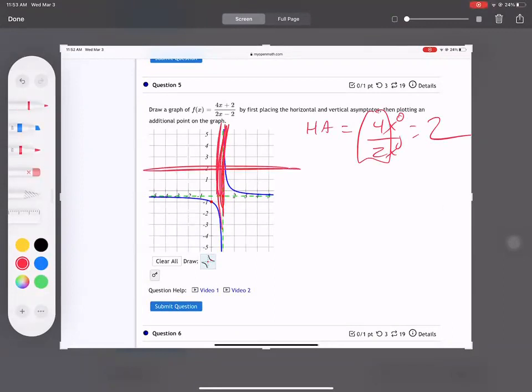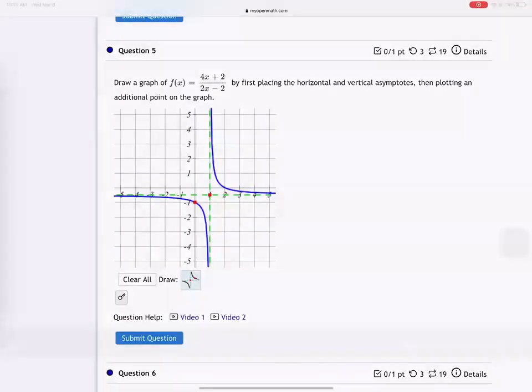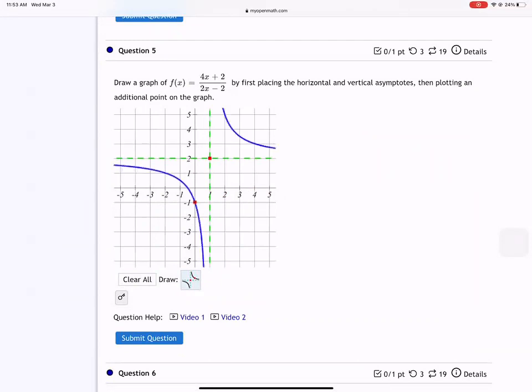Okay, let's redraw this. My horizontal asymptote is at 2. My vertical asymptote is at 1. And my point we said at 0 is going to be negative 1. And if you look here, on the right, when x is 2, it should have been up here at 5.